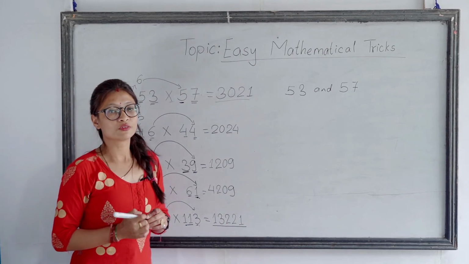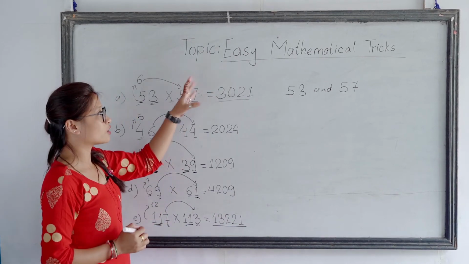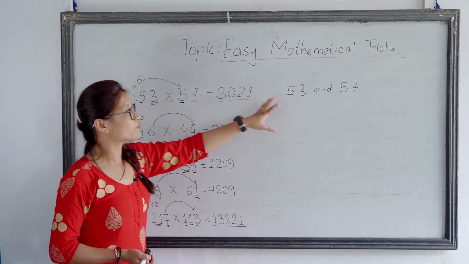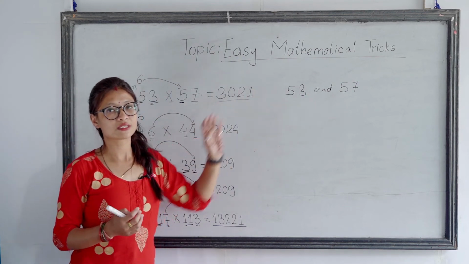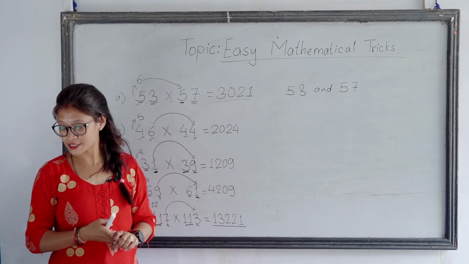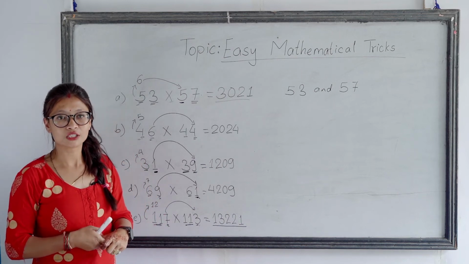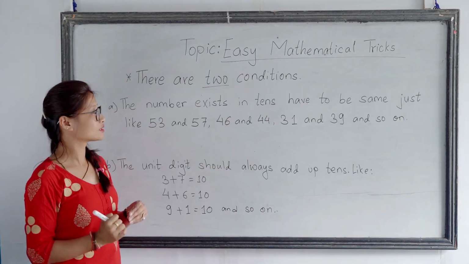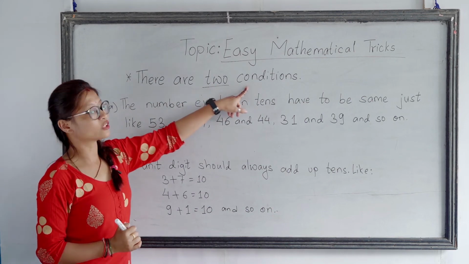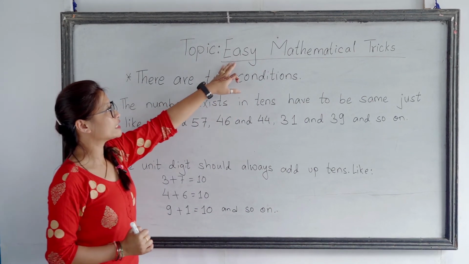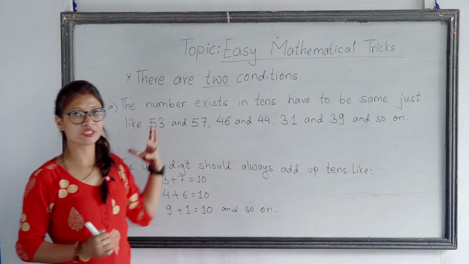That means when we use these tricks, our first digits should be the same, and the next one is the unit digits should add up to ten.